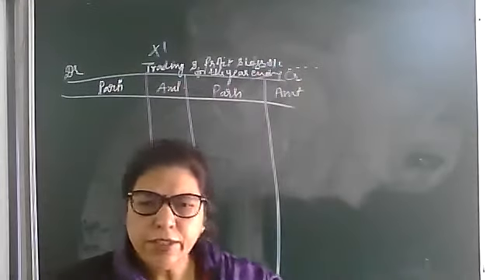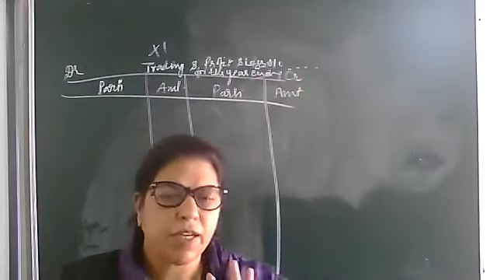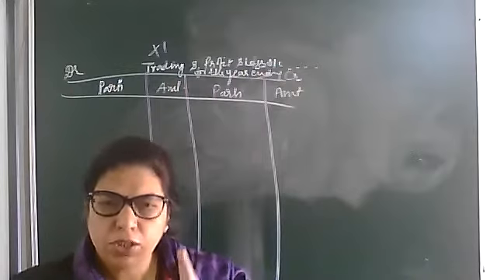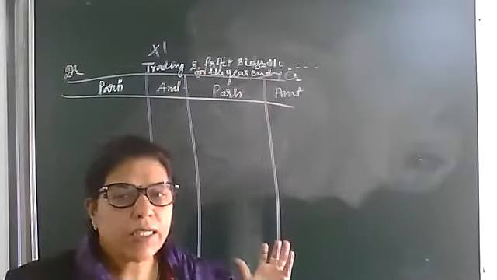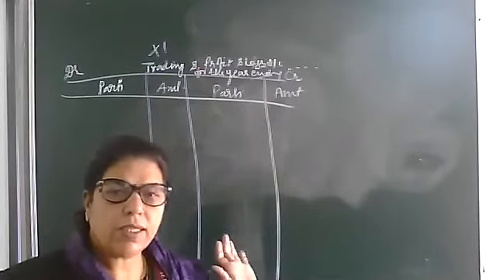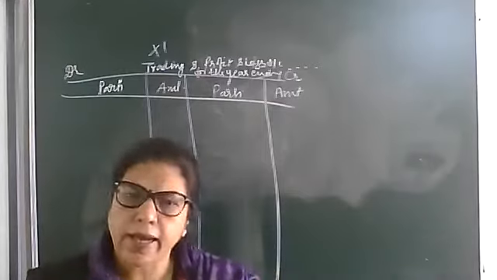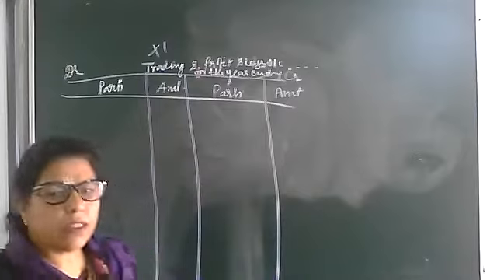As you know, trading and P&L account is the first part of final account, which is two accounts merged in one format, and one side is debit, another side is credit. So this is the format of trading and P&L. Both accounts you will make in a single format.